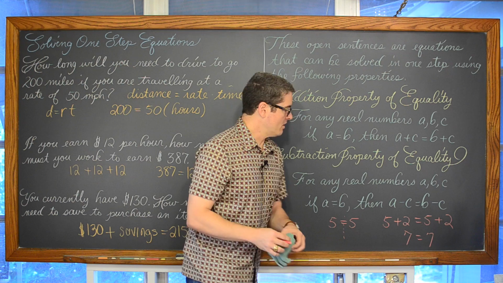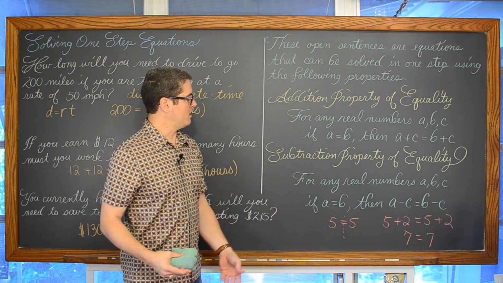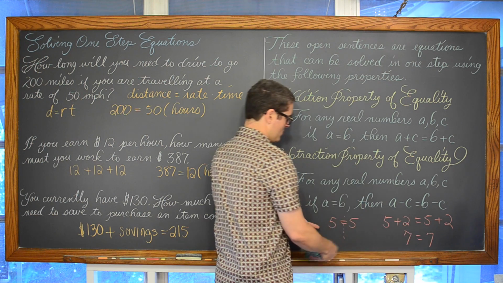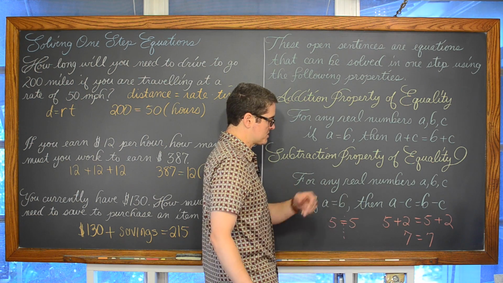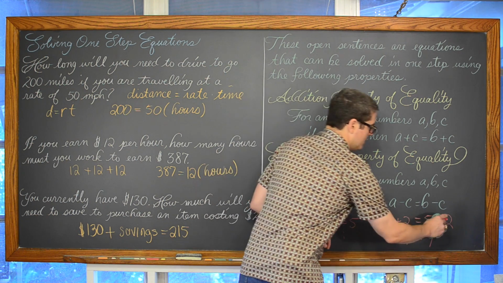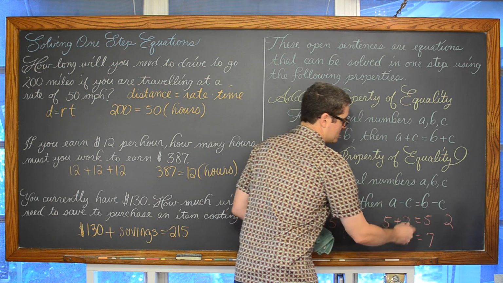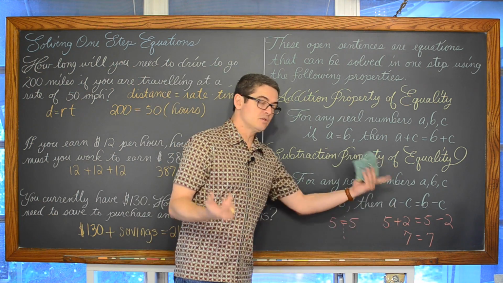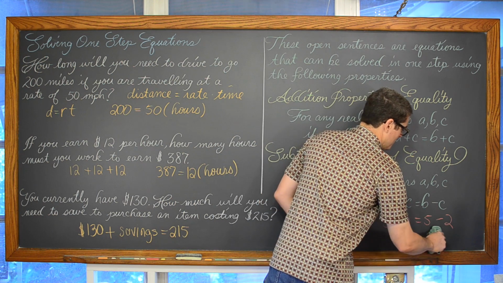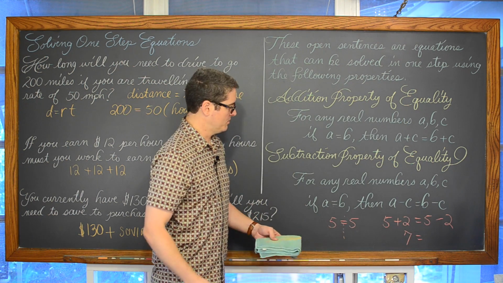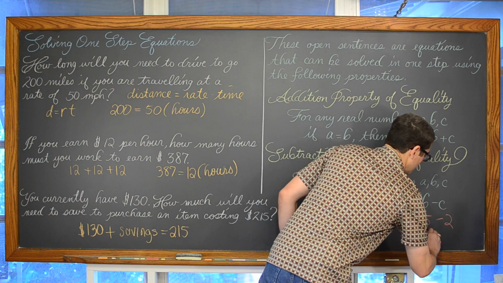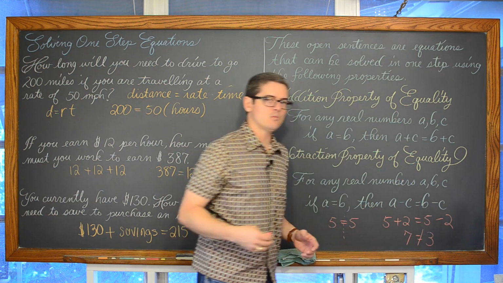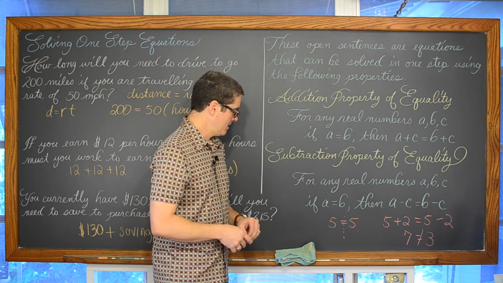If you're thinking, well, there's an addition property of equality and a subtraction property of equality, maybe I could just take this equation of 5 equals 5, this closed equation, and add 2 to the left and subtract 2 from the right? Well, 5 plus 2 is, of course, 7, but 5 minus 2 is equal to 3, which, of course, is not equal. It's not correct. It's not true.